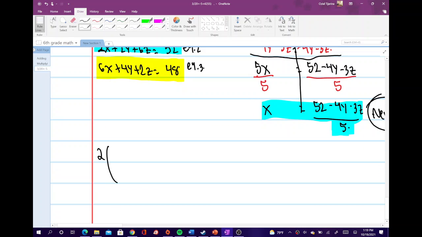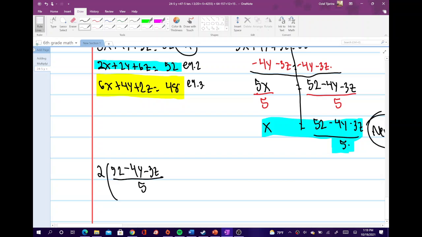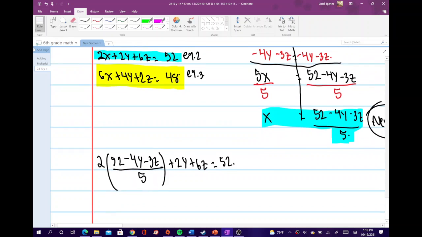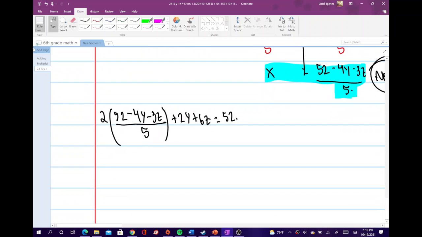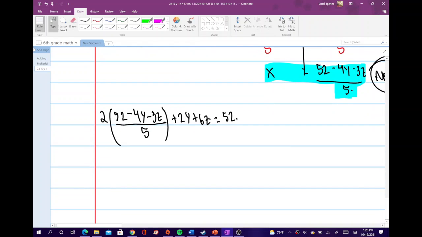So we have 2 times 52 minus 4y minus 3z all over 5, because we're plugging that in for x in the second equation, and then plus 2y plus 6z equals 52. Now, I'm going to go step by step.